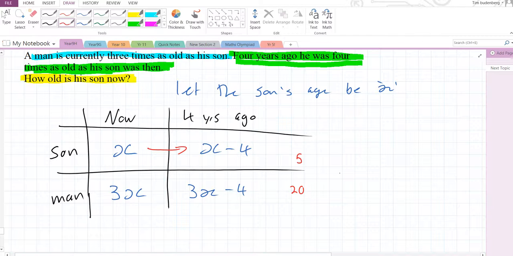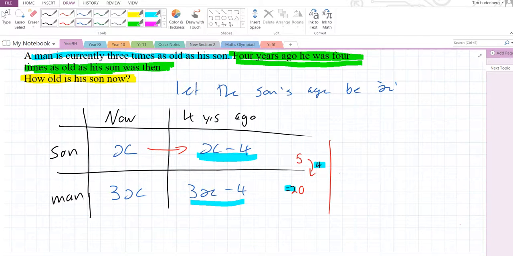Essentially, we take the son's age and we multiply it by 4, and that will equal the man's age. So, what we've done with real numbers will work equally well with x. We can take the son's age, multiply it by 4, and it will equal the man's age.